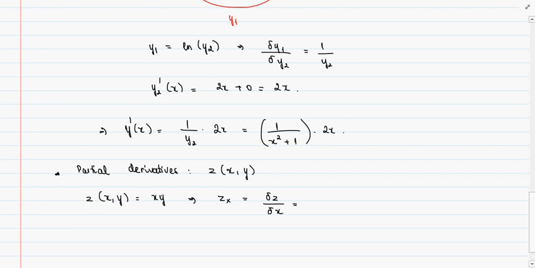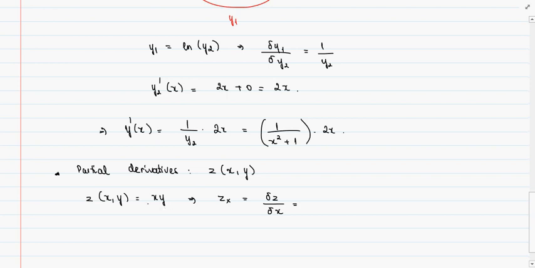When you differentiate a function of many variables with respect to one variable, you're treating every other variable that you are not differentiating with respect to as constants. So if I want to find the differential of the function with respect to x, then I'm treating y as constant.